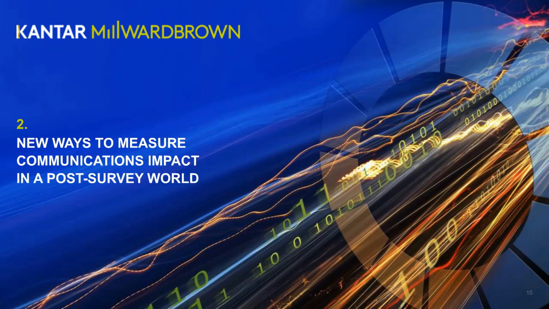So passively collected data like search patterns and web traffic and social media conversation. Can we use those to generate the same kind of indicators of quality that we could use to understand whether campaigns were impacting brands in the way that we hoped?